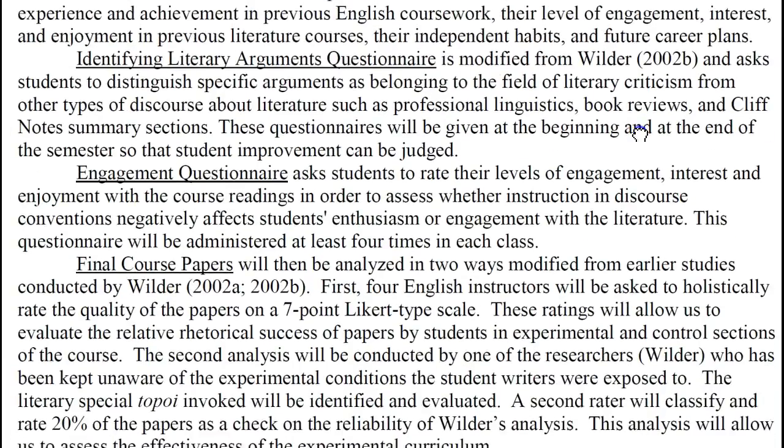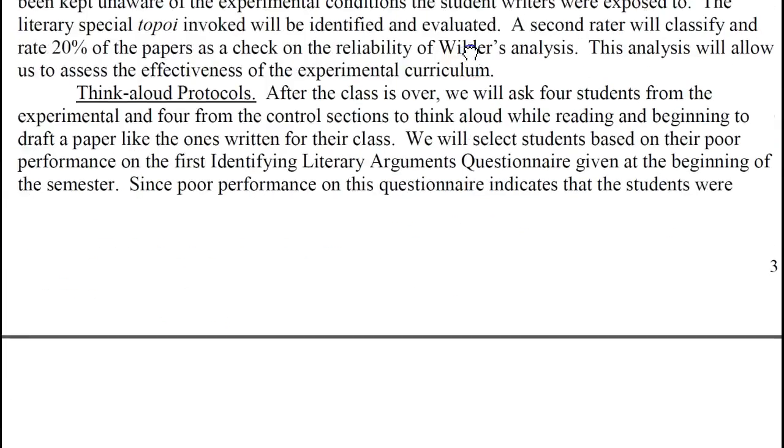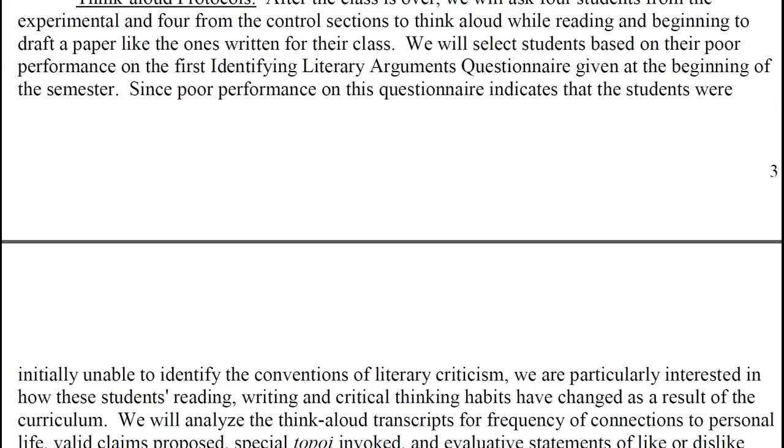But our main method for analyzing whether it worked was collecting the course papers and getting other people to grade them and see if the students who were explicitly taught the topoi did better. Okay, so this is a relatively short proposal for an experimental study to test a pedagogical application.